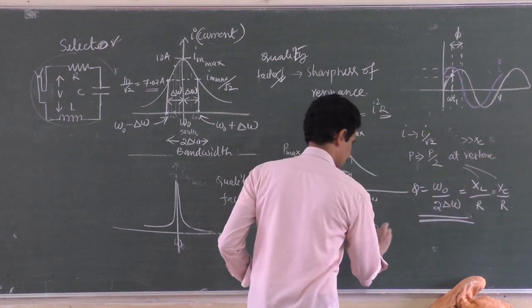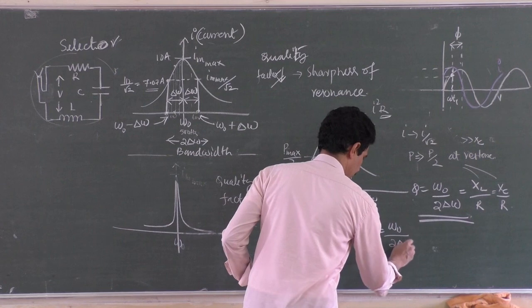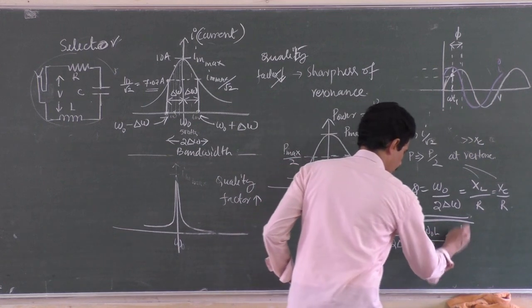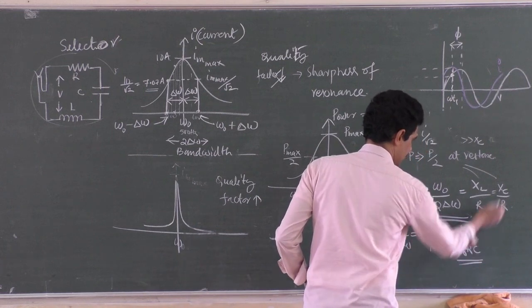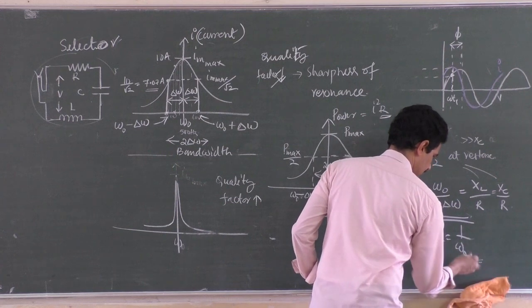So quality factor is equal to resonant frequency divided by bandwidth, which is equal to omega naught L by R, or 1 by omega naught RC, because omega naught C is XC, right? Or I can write 1 by omega naught CR.